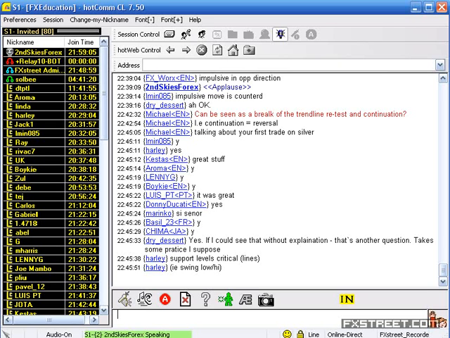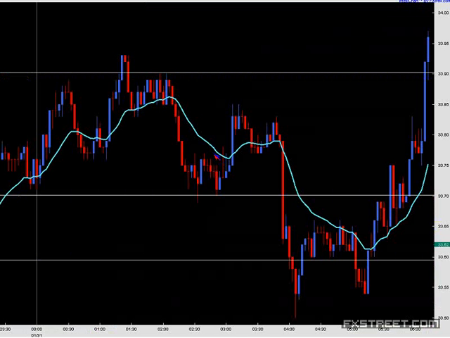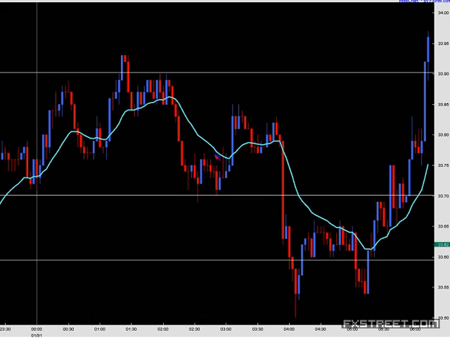Talking about my first trade of silver. Okay, so let's go back to my first trade in silver. You're talking about my sell. You're saying, can I see this as a break of the trend line, retest, and continuation? You mean like breakout retest? Is that what you're talking about?